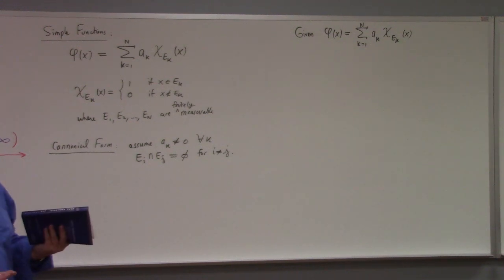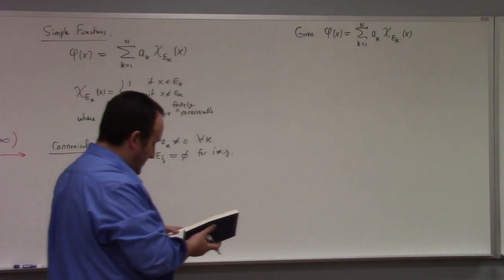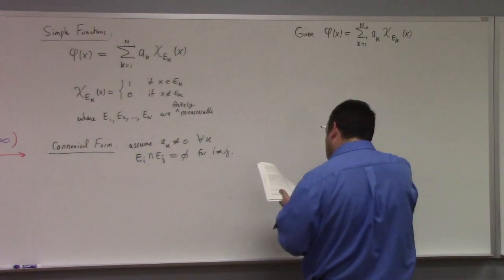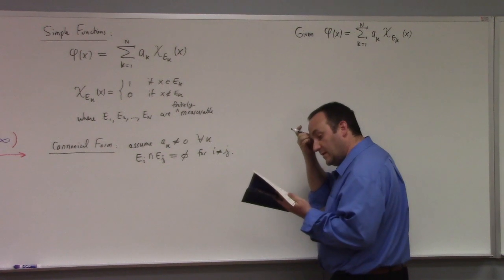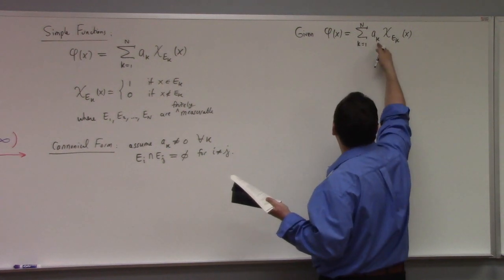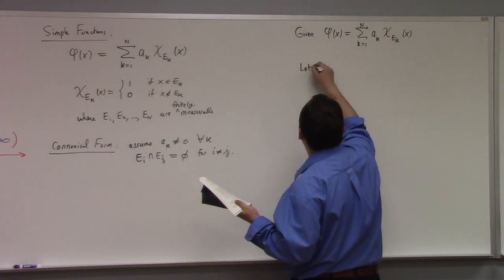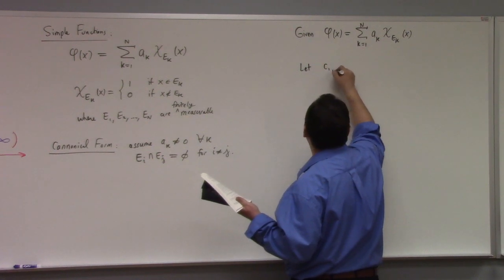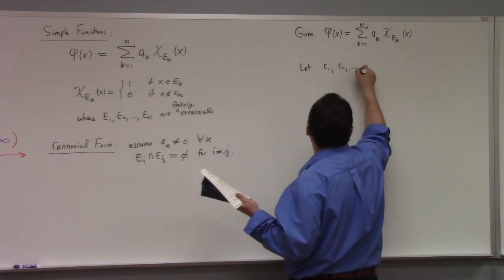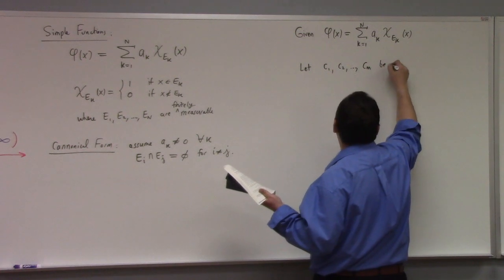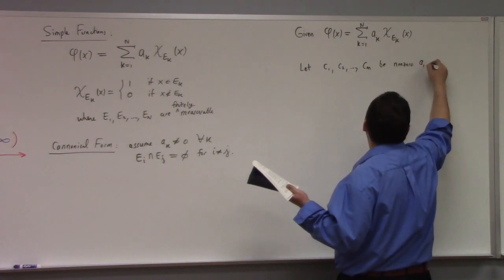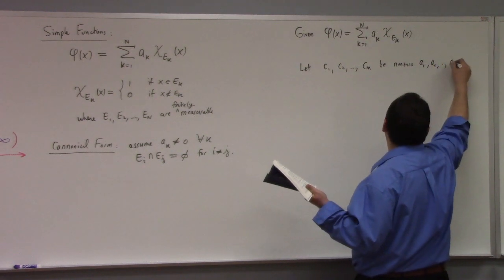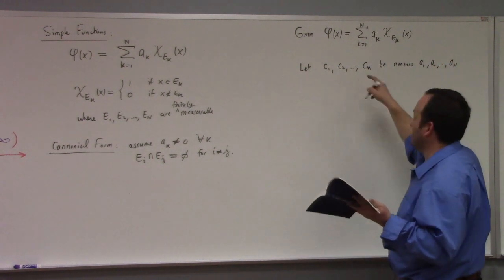How do you construct the canonical form? What's an algorithm? He says it's pretty simple. Here's what he says. Since this is finite, let C1, C2, Cm be non-zero. So select the non-zero ones.